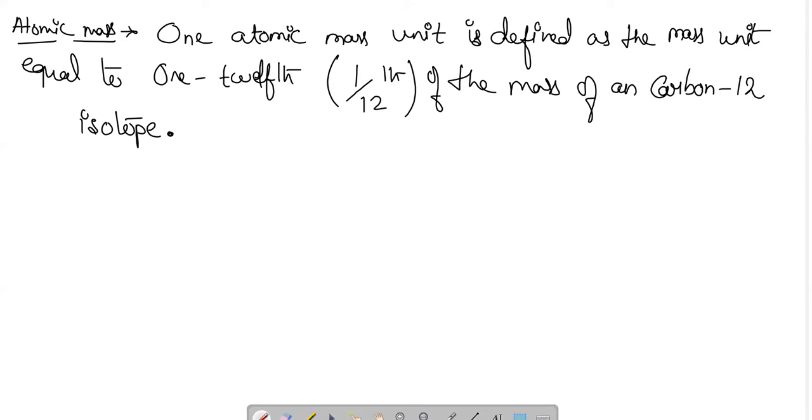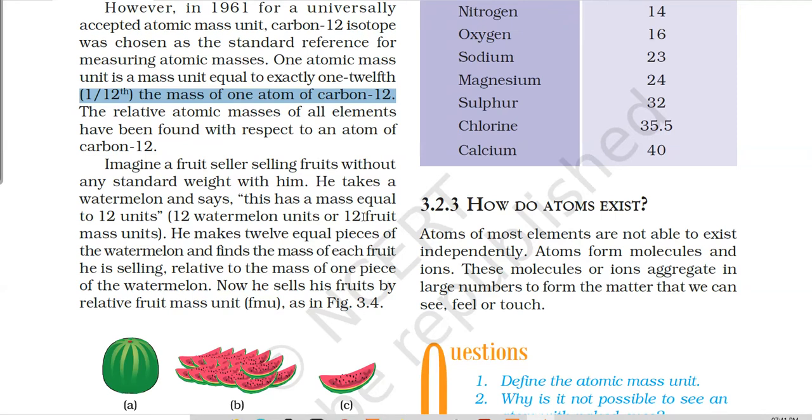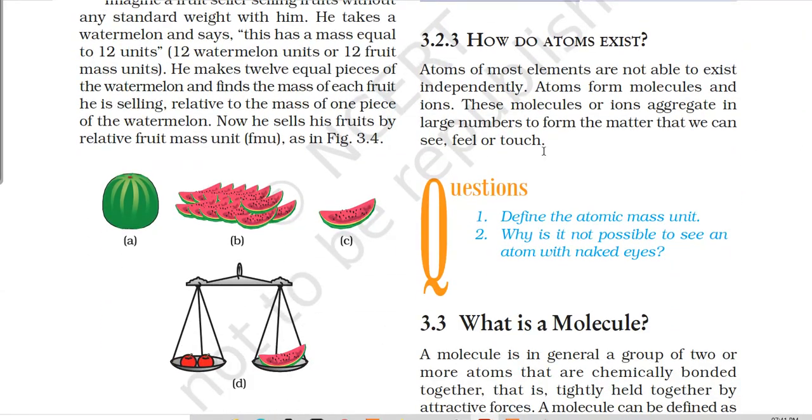Okay, next, the next question asks why it is not possible to see an atom with naked eyes. The answer is very simple: because atoms are very, very tiny.